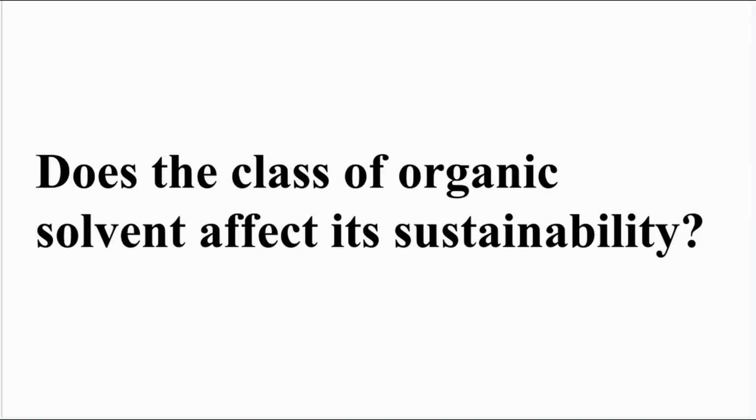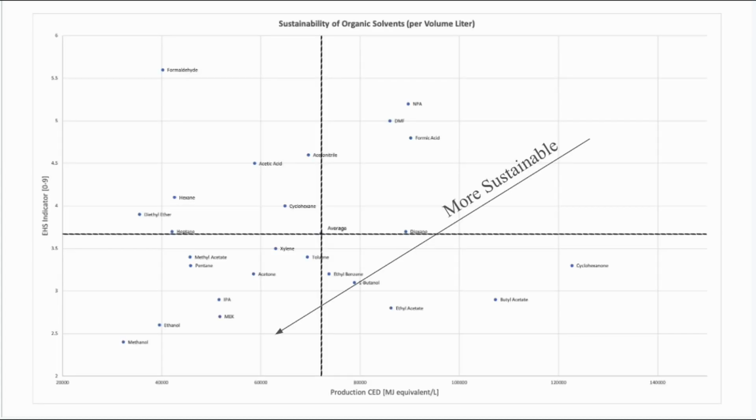However, I became curious about the relevance of these classes to the sustainability of organic solvents. Would solvents of the same class be similarly sustainable? To answer this question, the following plot was constructed.